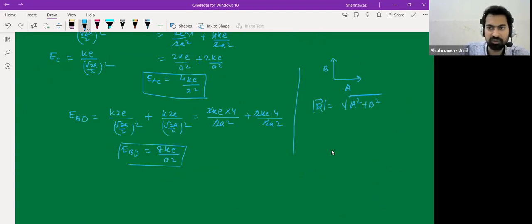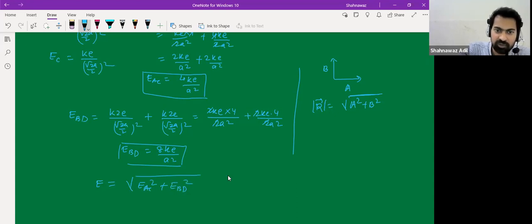Do you remember this? So the resultant magnitude would be the root of EAC square and EBD square.